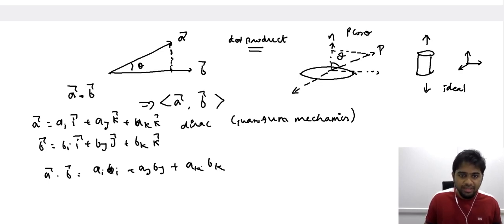So when the expression of the vector is known, the dot product can be written in this manner.